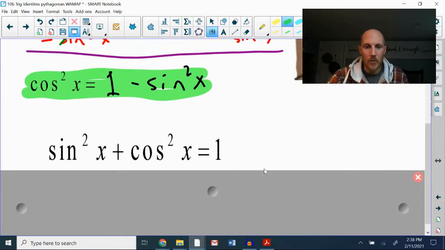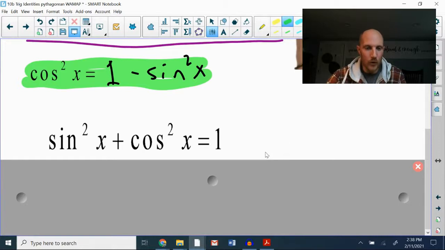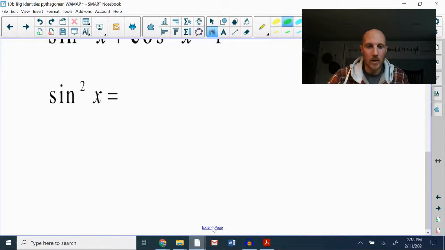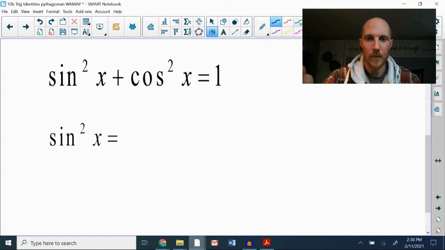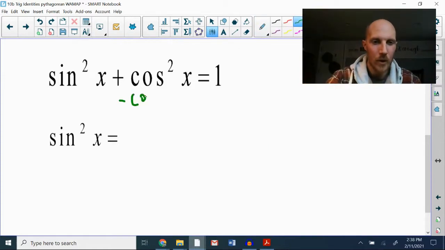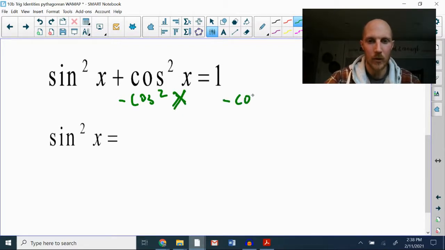All right, so let's back up to the original version of the Pythagorean identity. This time, let's isolate sine squared of x. To do that, I'll need to get rid of cosine squared of x from the left-hand side of the equal sign, so I'm going to subtract. That would be the opposite operation.